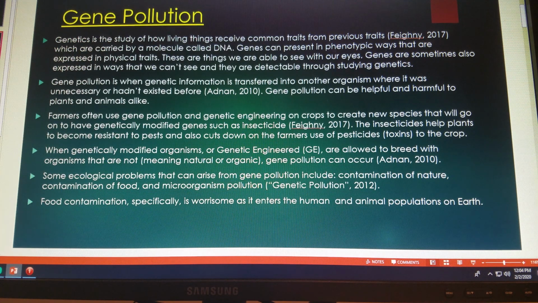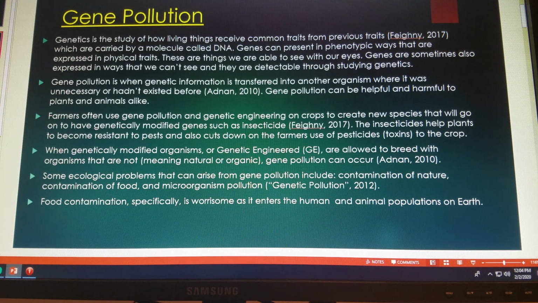When GMO plants are allowed to breed with organisms that are not meant to have GMO genes, gene pollution can occur. Basically, we take a natural plant that has been growing, and then we have another plant with a GMO or another gene placed into it, which can be done via a bacteria or a virus.